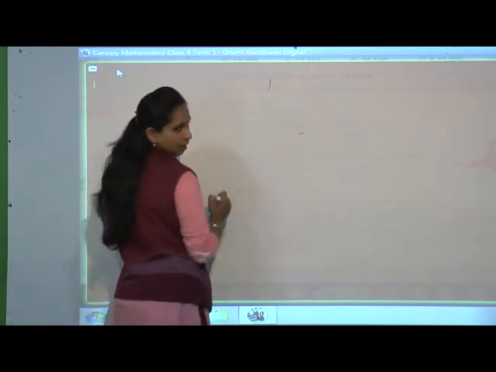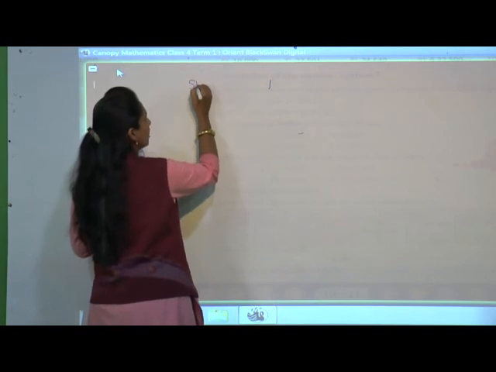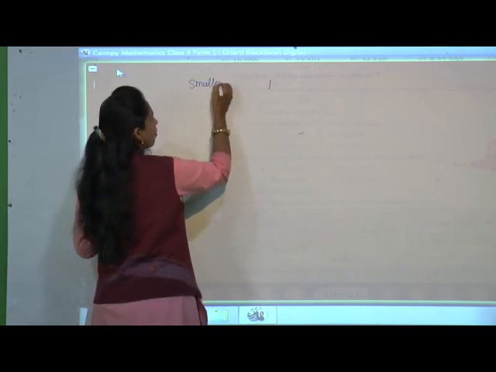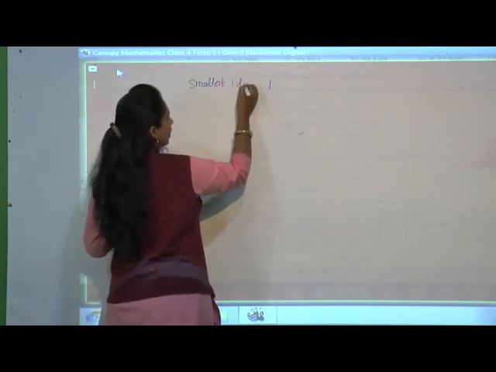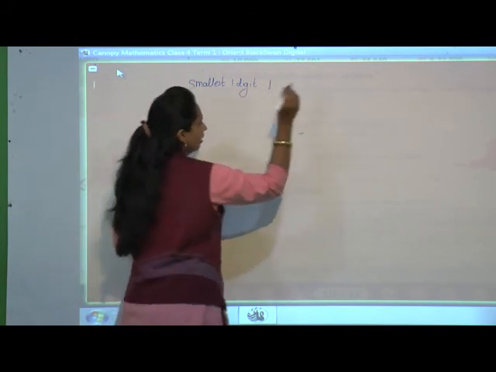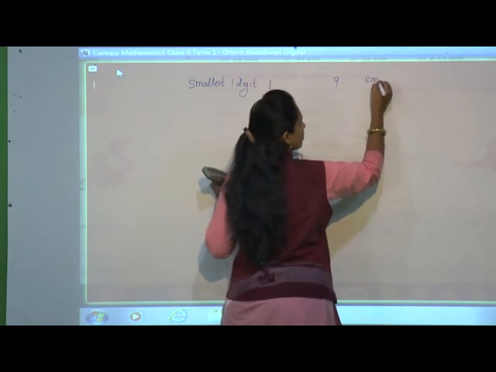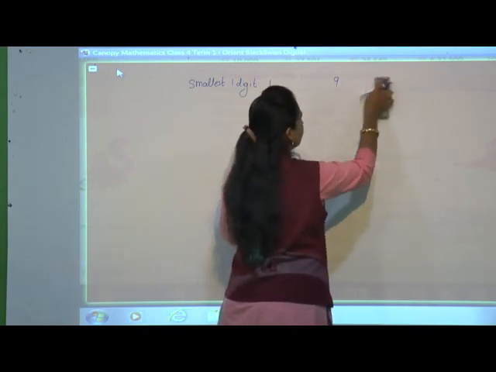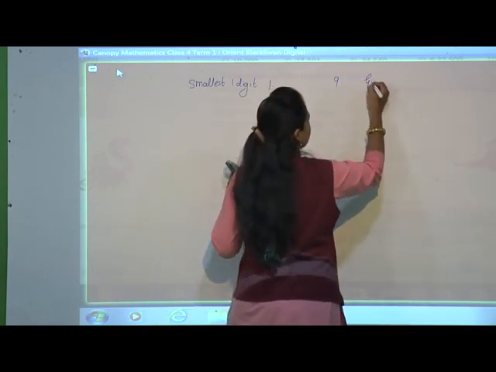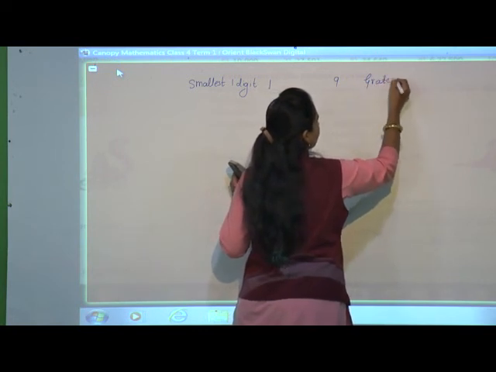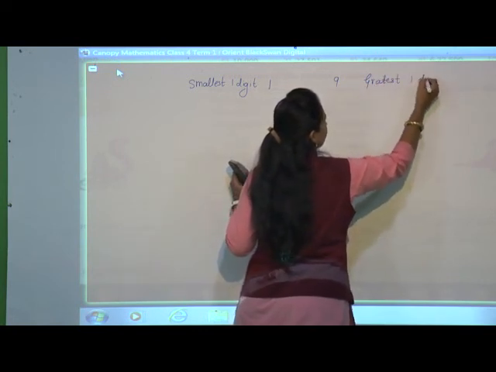See, this is 1. This is the smallest 1-digit number. And this is 9. 9 is the greatest 1-digit number.